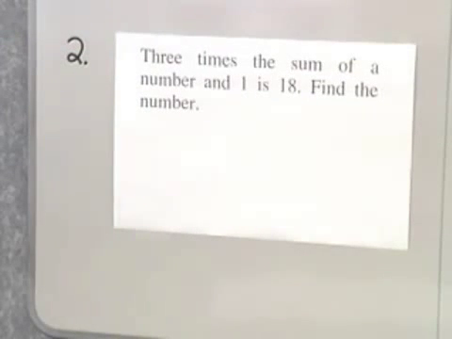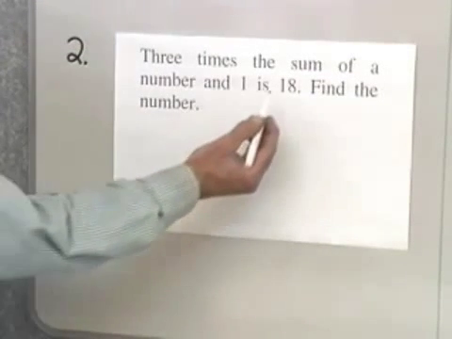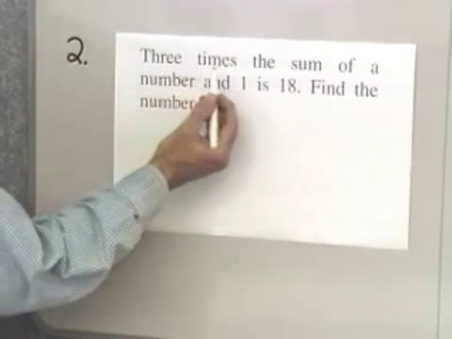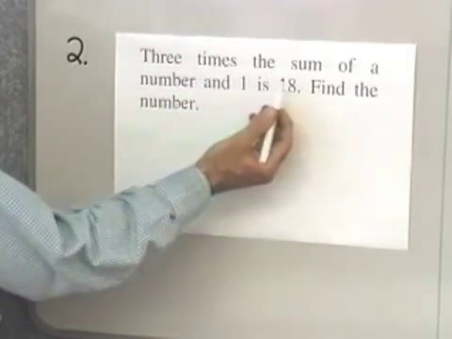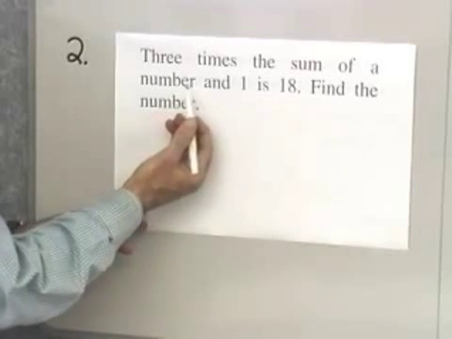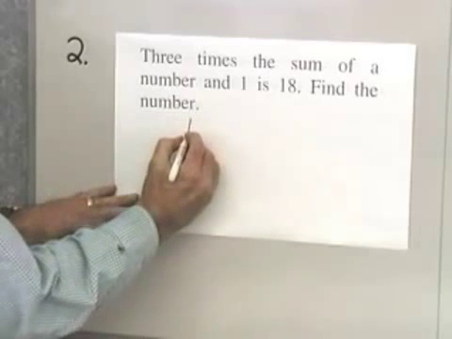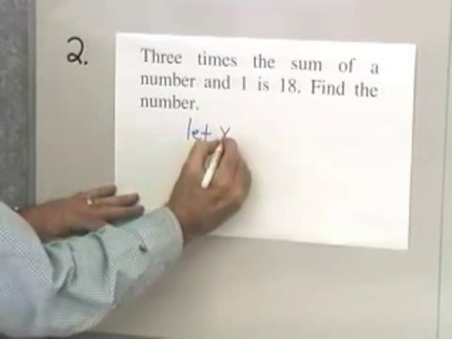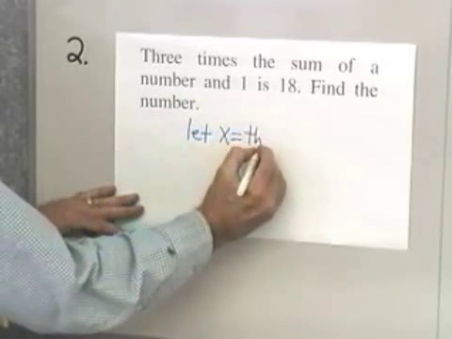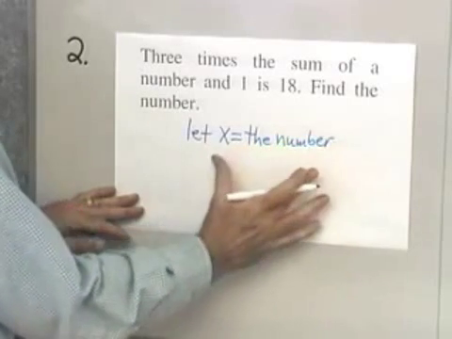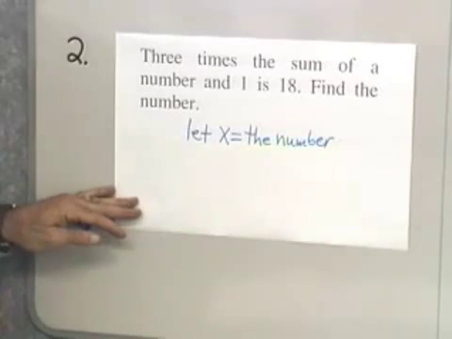This time we have 3 times the sum of a number and 1 is 18. Find the number. So I read the problem and I see I have 3 times the sum, so that's going to be addition of a number. I don't know what that is. And 1 is 18. Find the number. So again, let's let x equal the number that's asked for in the problem.